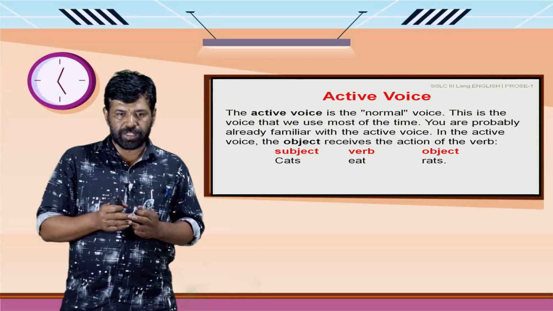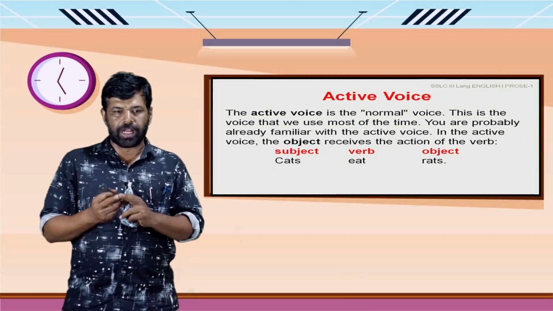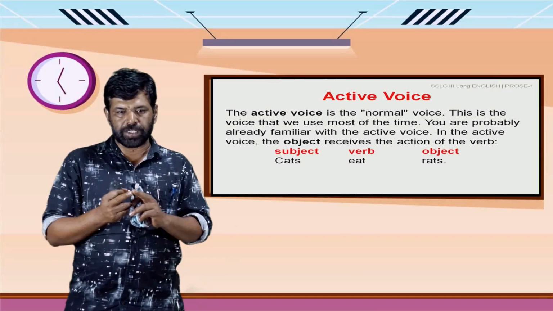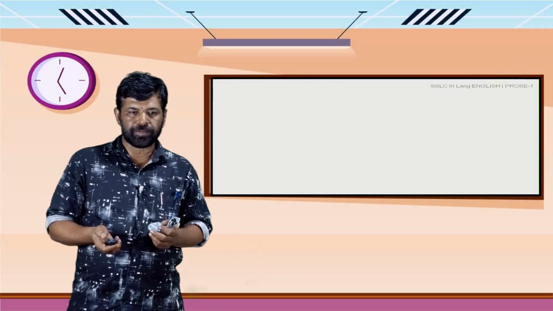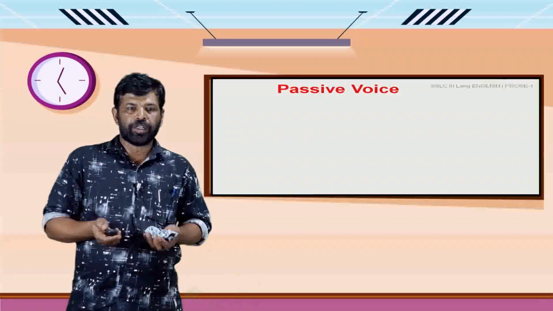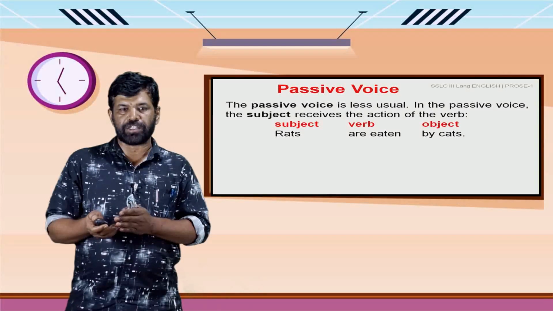Here, we have subject, verb and object. For example: cats eat rats. Cats is the subject, eat is the verb, and the object is rats. Whereas the passive voice is less usual.